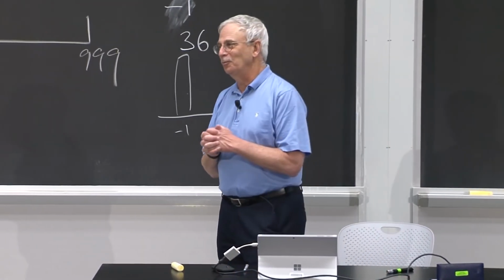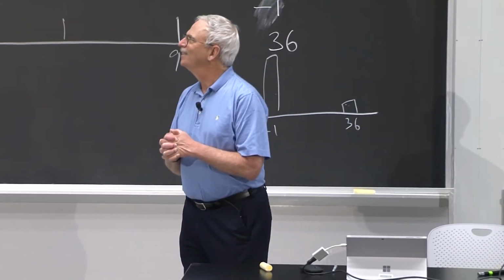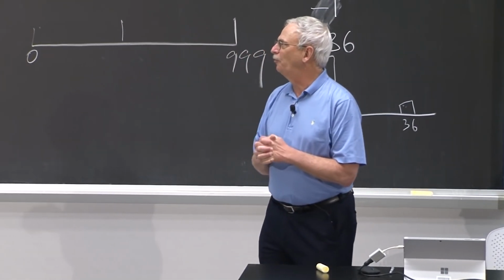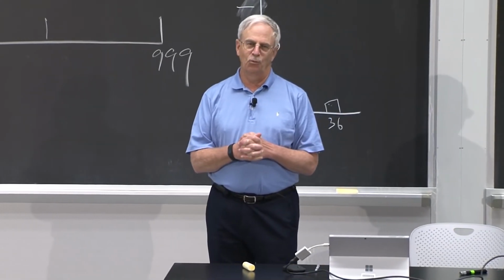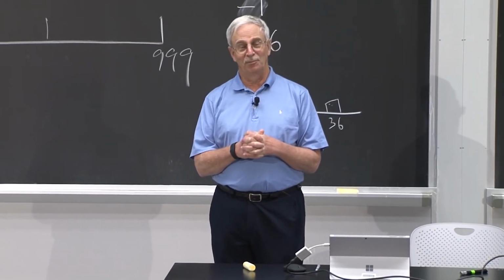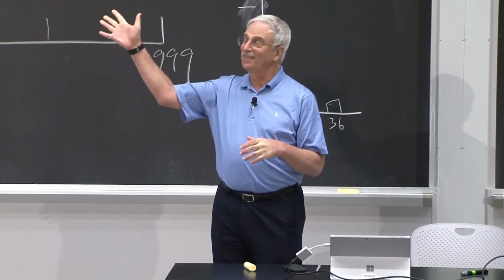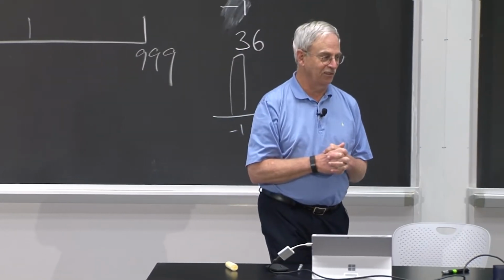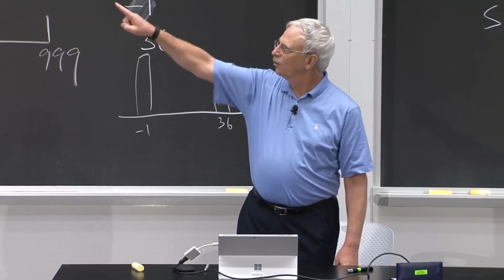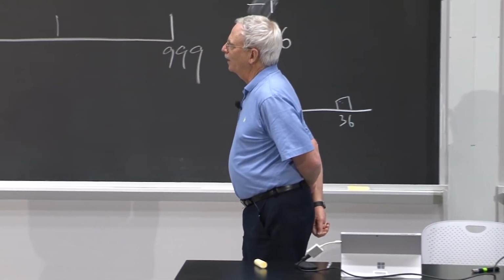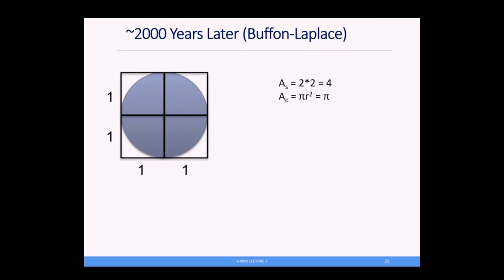2,000 years after Archimedes, the French mathematicians Buffon and Laplace proposed finding the value of pi using what we would today call a Monte Carlo simulation. They did not have a computer to execute this on. So what they proposed started with this mathematics. They took a circle and inscribed it in a square.